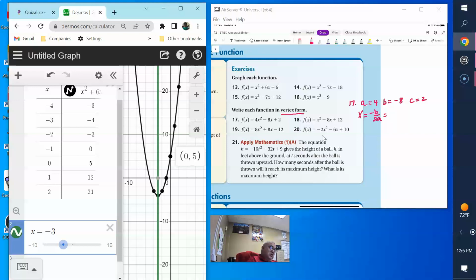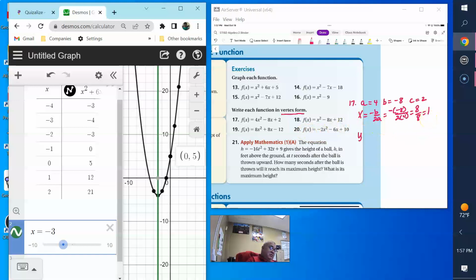So negative b, where b is already negative 8, so you have negative negative 8 divided by 2 times a, which is 4. So what happens when you have two negatives? That's going to be a positive 8 over 2 times 4, which is 8. 8 divided by 8 is 1. So we know that x is equal to 1.